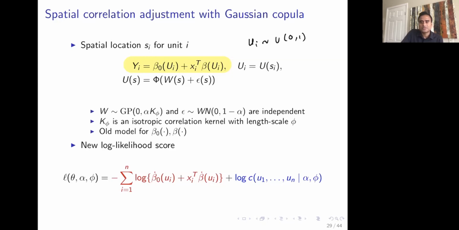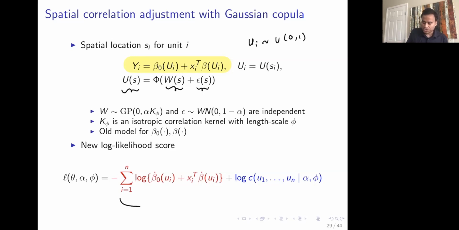You use copulas. And if you want spatial correlation, then use a spatial copula. This is a Gaussian spatial copula. You start with some smooth Gaussian process, plus a nugget or a noise, so that the overall variance is 1, and then do a normal CDF transform. So U becomes a copula process with margins distributed uniform(0, 1). That's the extension that we pursue here.